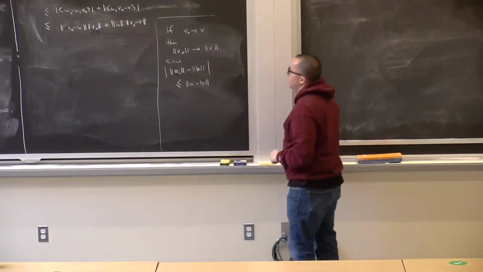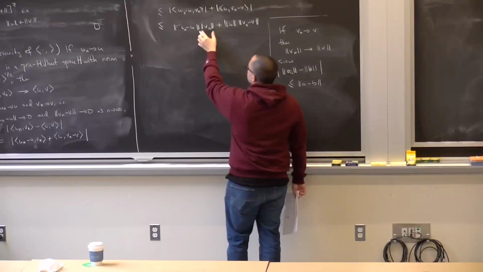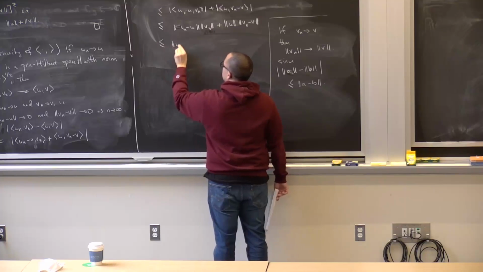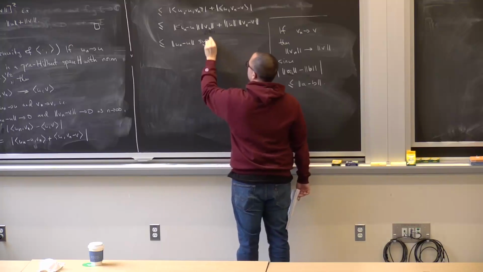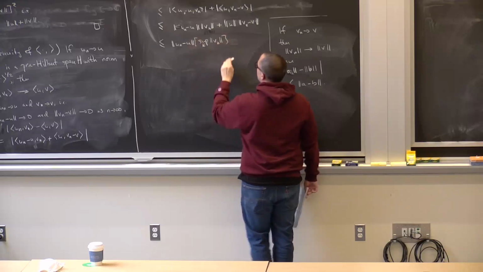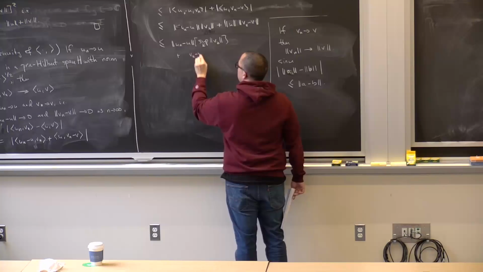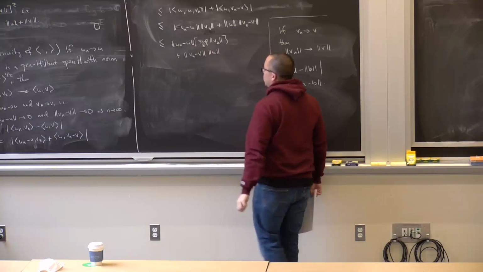So this is a convergent sequence of real numbers, so it must be bounded. So I can say that's less than or equal to the norm of u_n minus u times sup over k of the norm of v_k, plus the norm of v_n minus v times the norm of u.